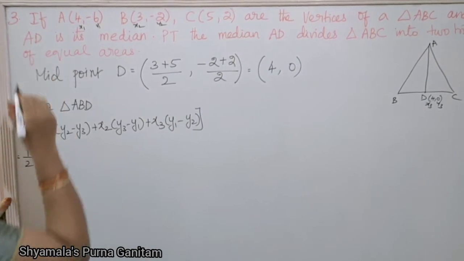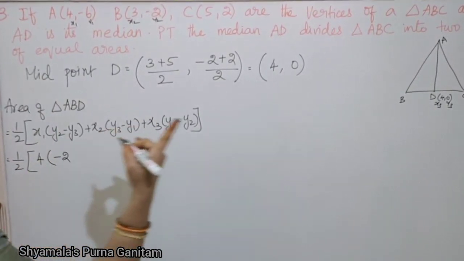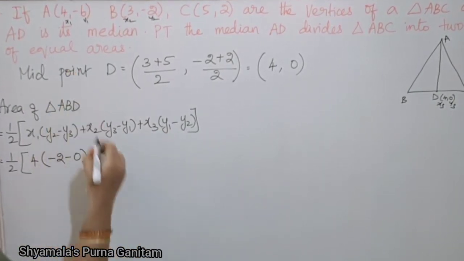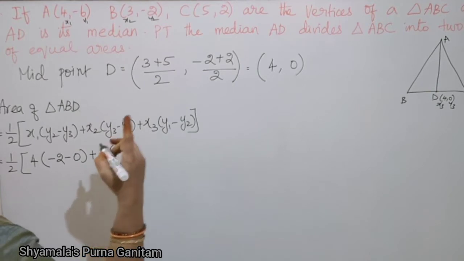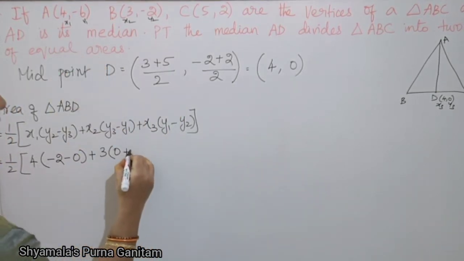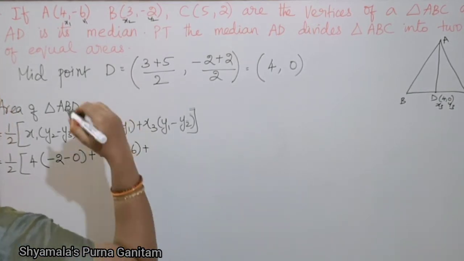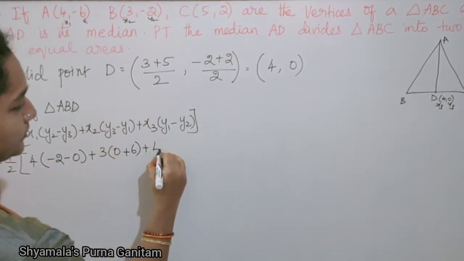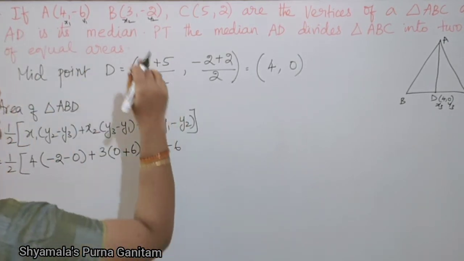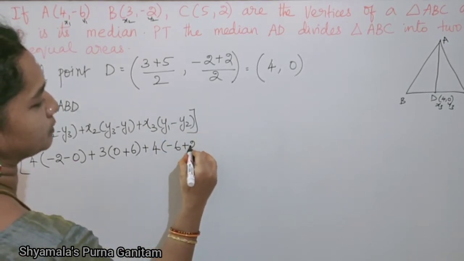So x1 is 4 into y2, which is minus 2, minus y3, which is 0. Plus x2 is 3, y3 is 0, minus y1 which is 6, minus 6, so minus of minus is plus 6. Plus x3 is 4, y1 is minus 6, y2 is minus, already one minus is there, so minus of minus is plus 2.